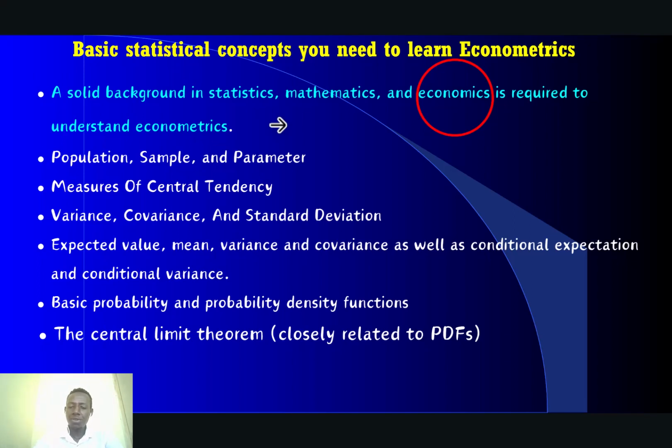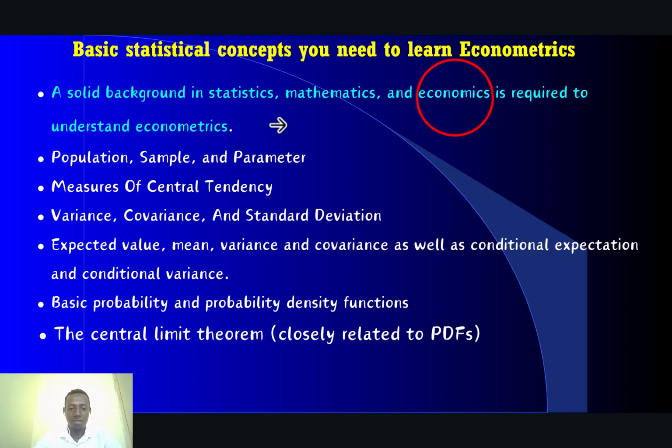So you need to have a solid background in statistics, mathematics and economics. But it is also helpful for other professions, not only for economics. If you are from other fields, it is equivalent to biostatistics for health science students, and it is also an advanced form of statistics.